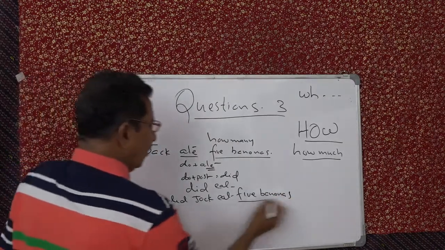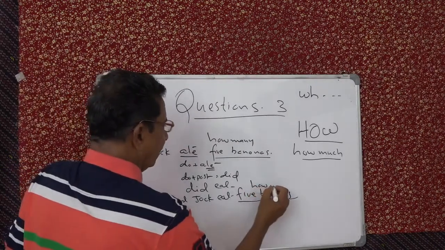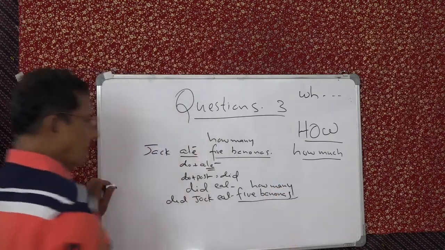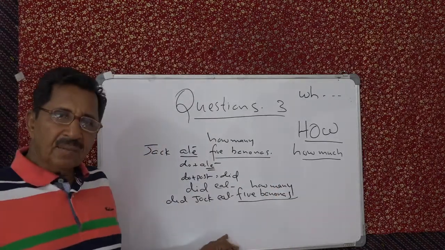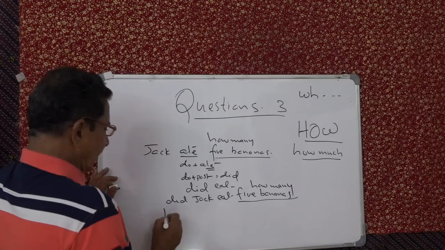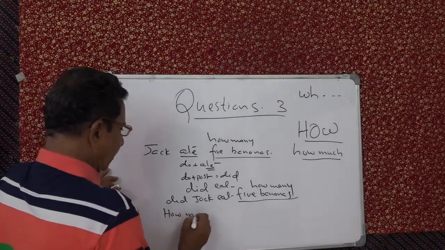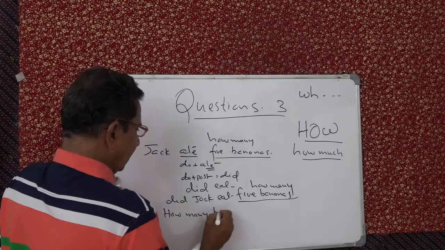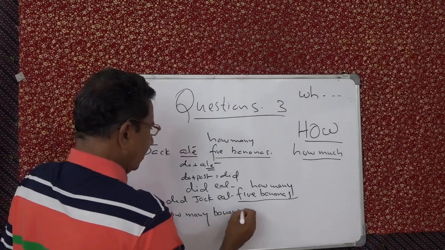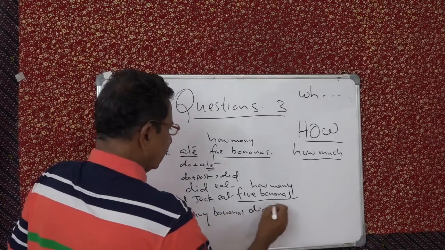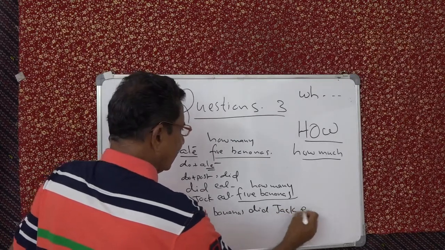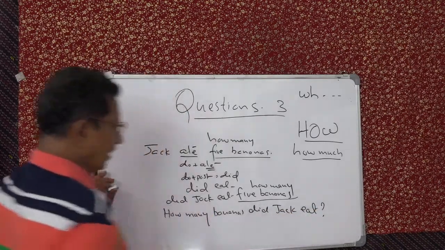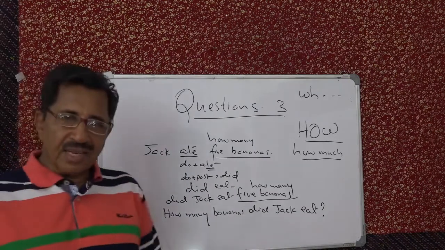Now, how many? Question word. Question word has to be written at the beginning. Therefore, what will you say? How many bananas did Jack eat? Okay, if you are tired of Jack, I will change the name to Jill.